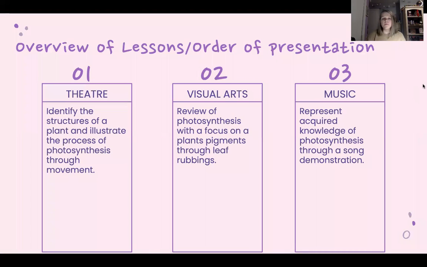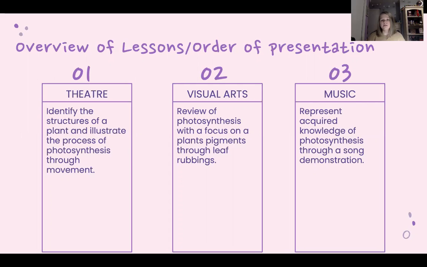For my overview of lessons and the order of the presentation, students will start with their theater lesson and move to their music. Through theater, students will identify the structures of a plant and illustrate the process of photosynthesis through movement. Students will take on the characterization of different elements of photosynthesis and also be using verbal and nonverbal cues.